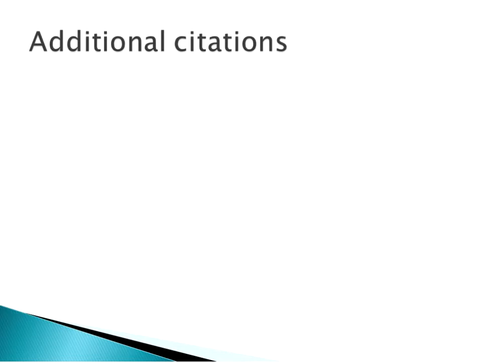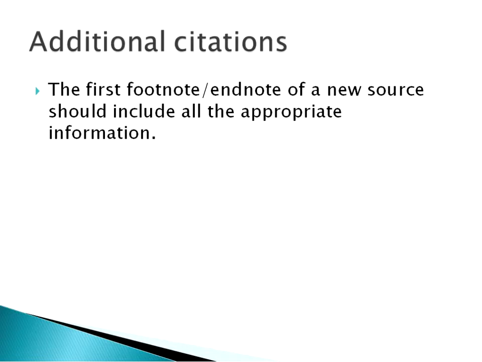But before we get to that, I want to note a couple of things. The basic one here is that sometimes you will want to refer to the same article or book or journal in more than one spot in your paper. In that case, there are a couple of things to keep in mind. The first time you cite something in your paper, it should have all of that information.